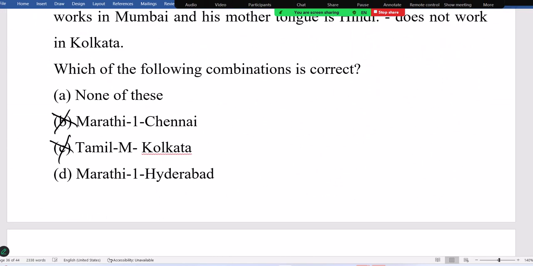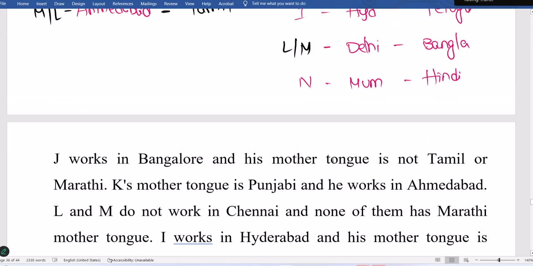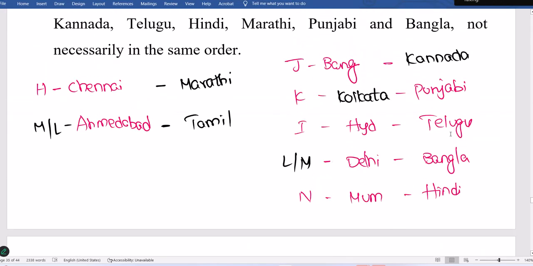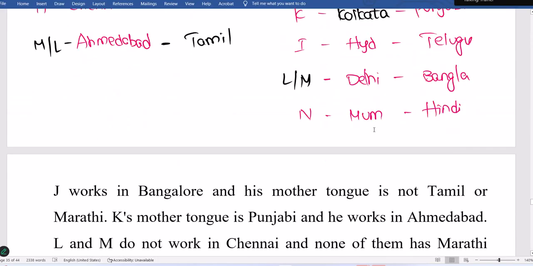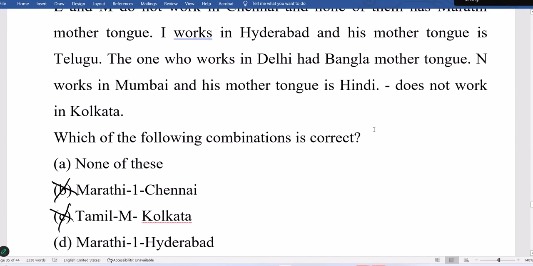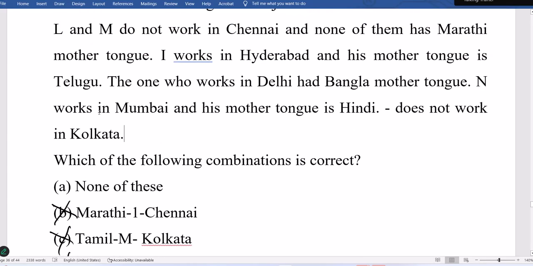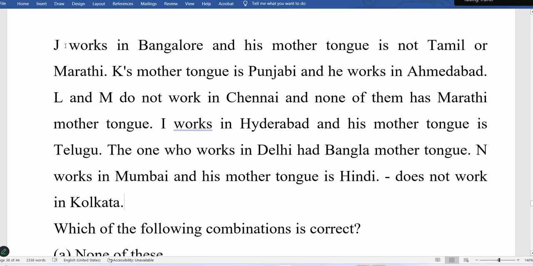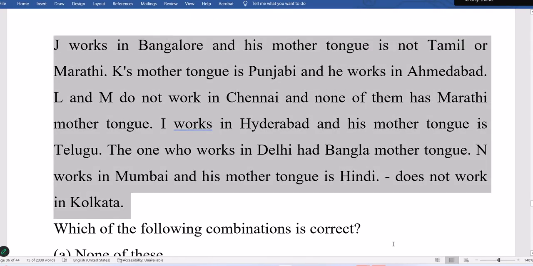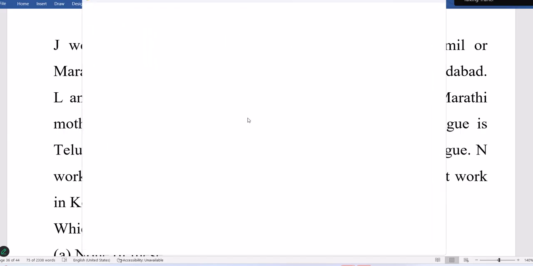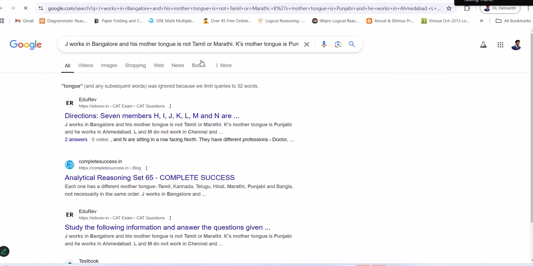Marathi, Hyderabad. Hyderabad person is Telugu. No, all gone here. I think here one data is missing. I have to check that. Maybe that will trigger other inputs. I'm just checking what that last line may give, some clarity regarding our arrangement at the end.